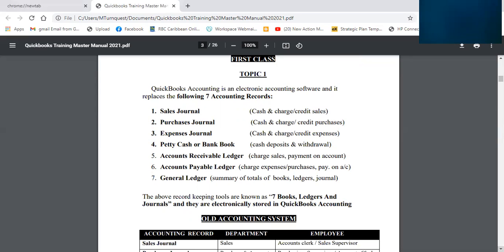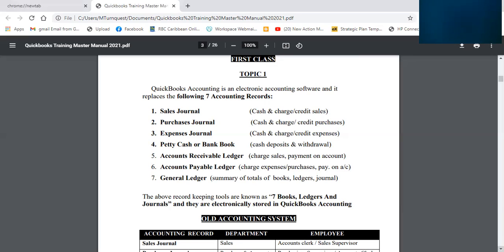If you look at a modern company, you wouldn't see manuals on people's desks. You see just the QuickBooks software, and it focuses on all of these 7 books, ledgers, and journals, which are what they call internally inside QuickBooks accounting.